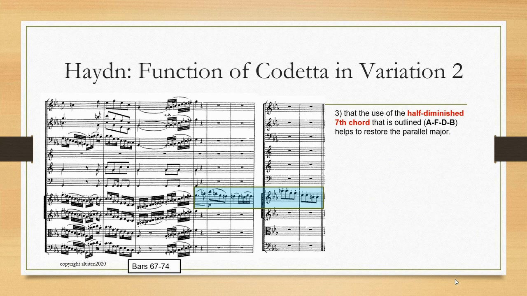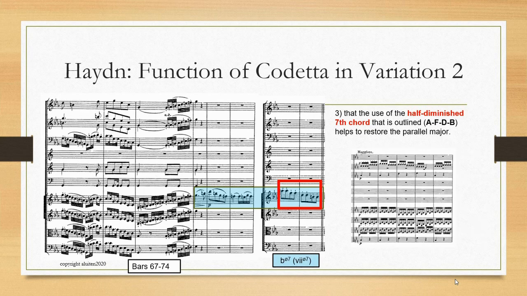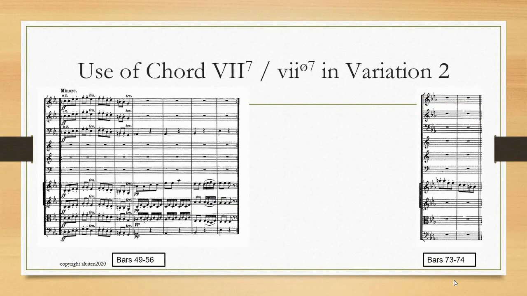And 3, that the use of the half-diminished seventh chord that is outlined, A, F, D, B, helps to restore the parallel major, which is the home key of C. Interestingly, this was the harmonic means in which we shifted away from C minor at the start of the variation. 7/7 of 6 there.